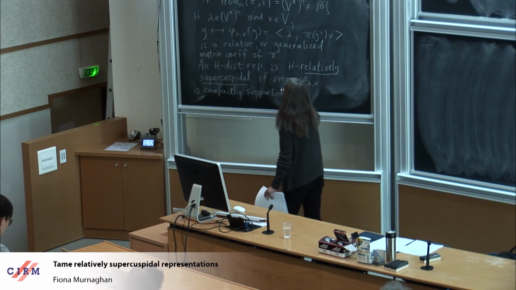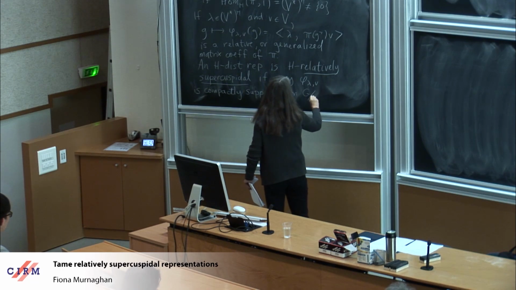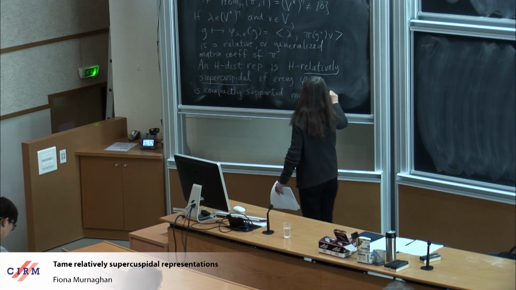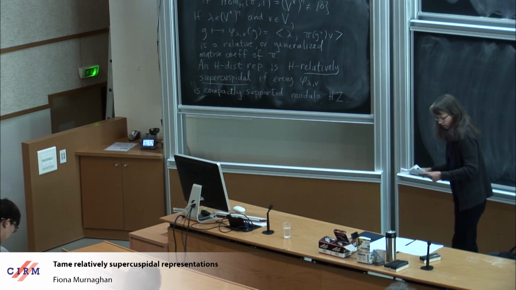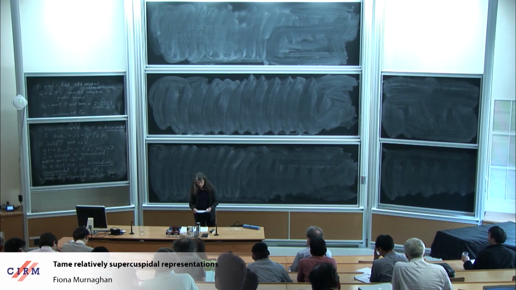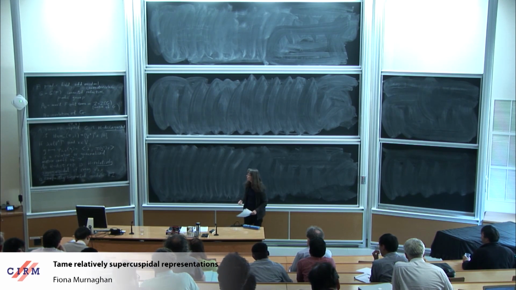So they're really functions on cosets. Or let's say modulo H times the center of the group. So in this talk, we'll be describing some constructions of relatively supercuspidal representations.